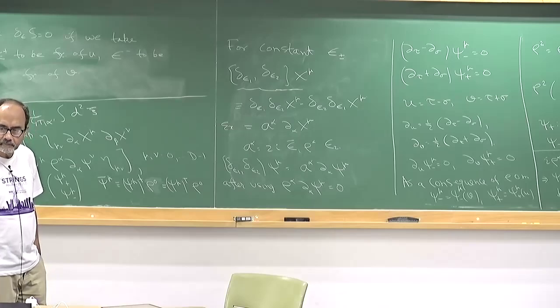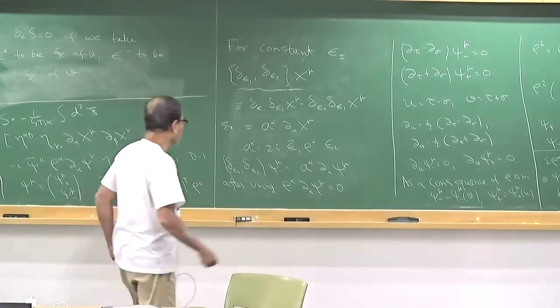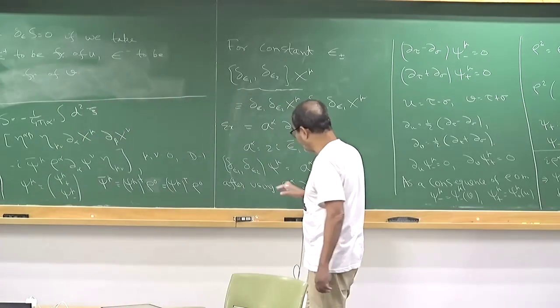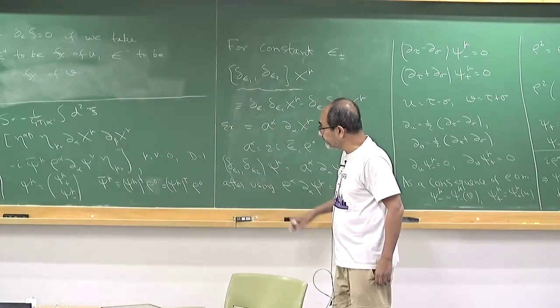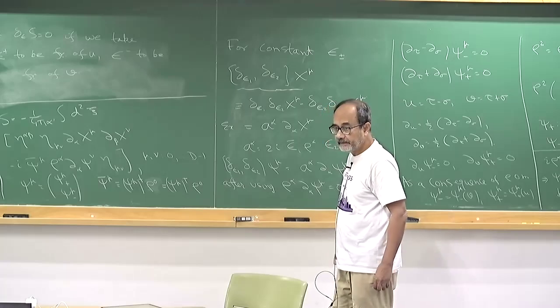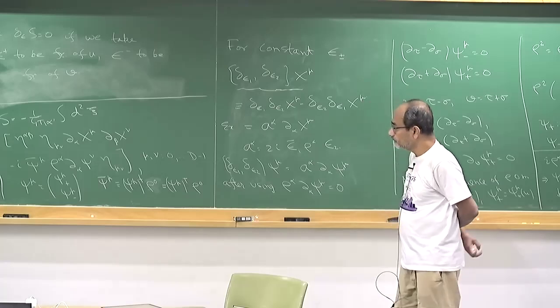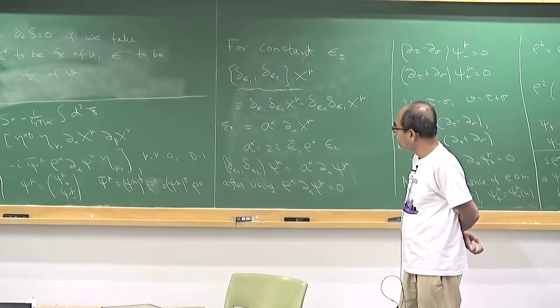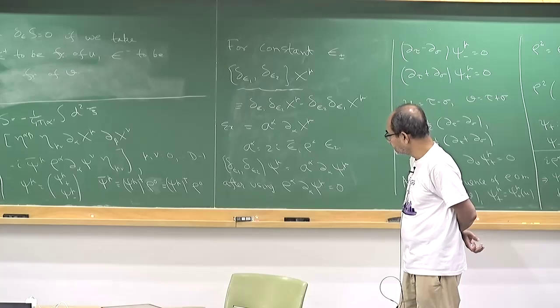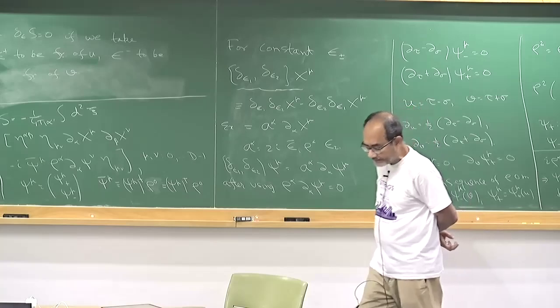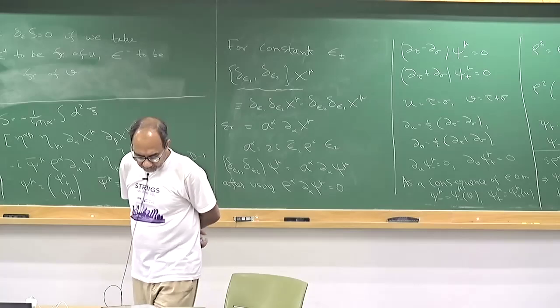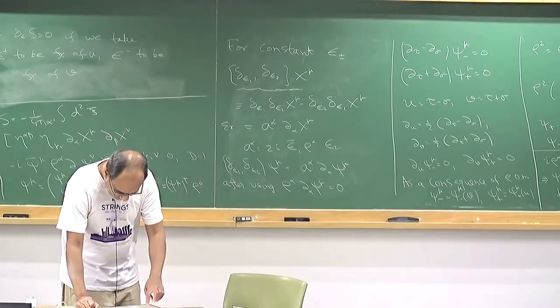When you apply delta epsilon on x on psi, you obtain x, but in that process some psi will also be involved.